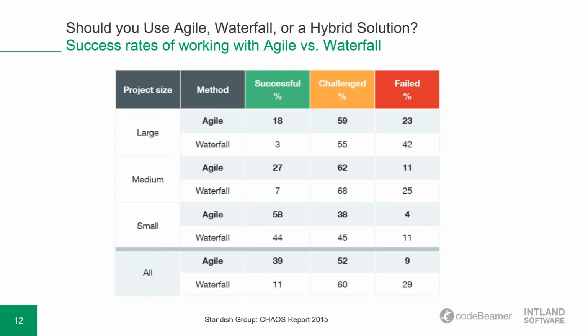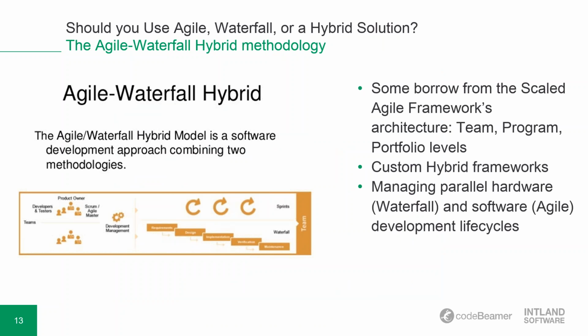Now, I would love to move to the Agile-Waterfall hybrid and say a few words about it. As development teams started experimenting with Agile in an unlikely environment, such as the development of complex multi-tier software projects, some of them realized that a pure Agile or a pure Waterfall approach wasn't the best option for them.